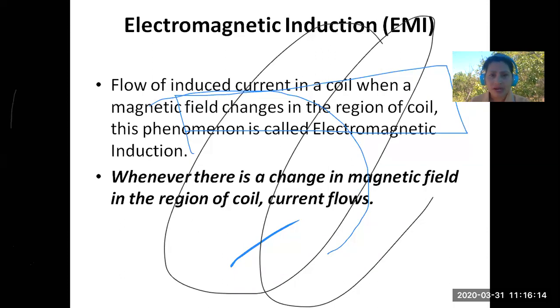So electromagnetic induction is nothing but producing current by supplying force under a magnetic field. It is just the converse of the principle of the electric motor. So producing current by supplying force in a magnetic field is called electromagnetic induction.